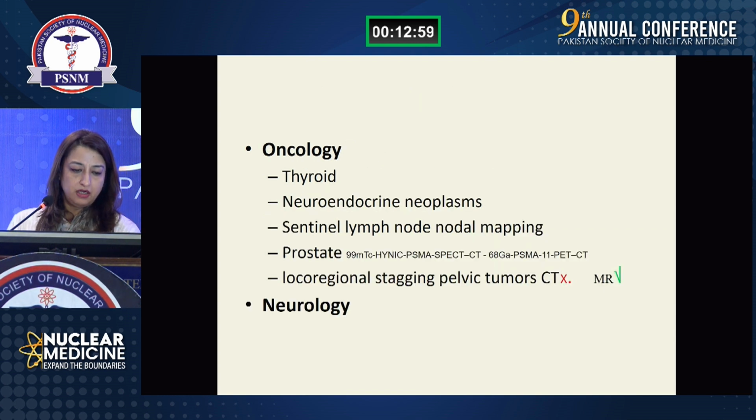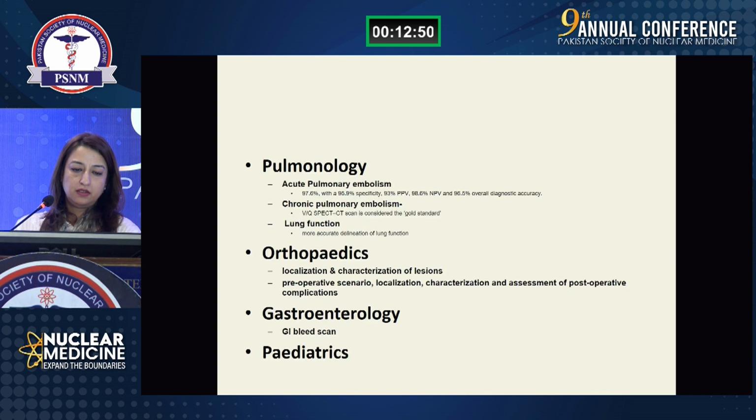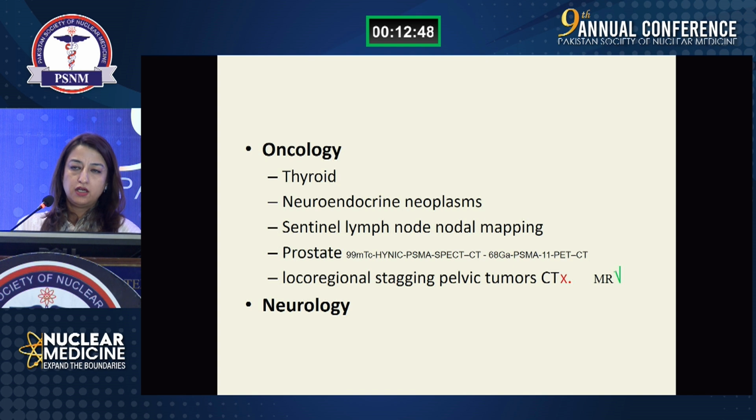In oncology and neurology, I would like to say one thing, that MR is excellent in correlative imaging in neuro for brain lesions and also for locoregional staging, that is for pelvic tumors. MR is superior to CT for the T component of the TNM staging.